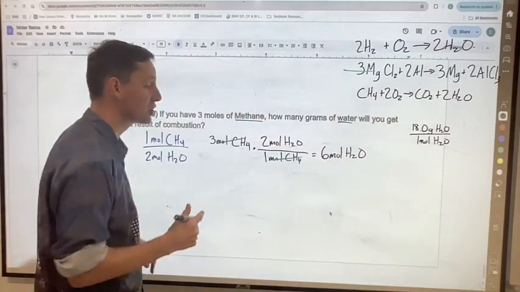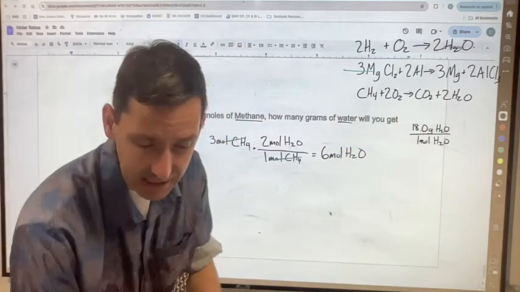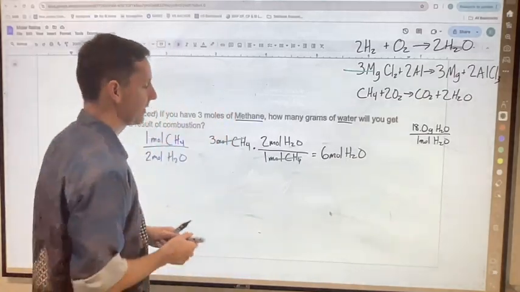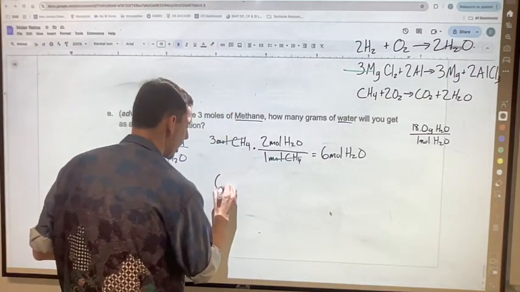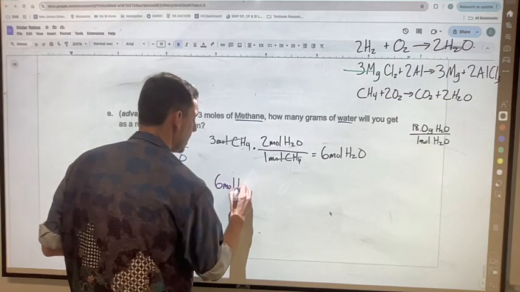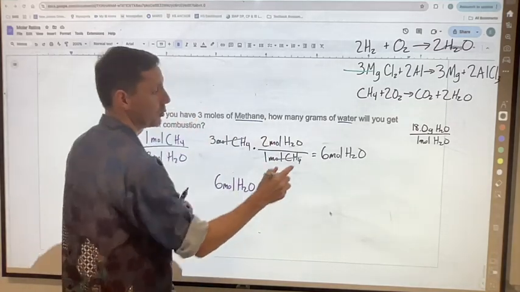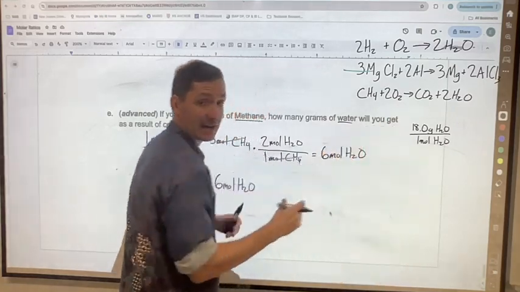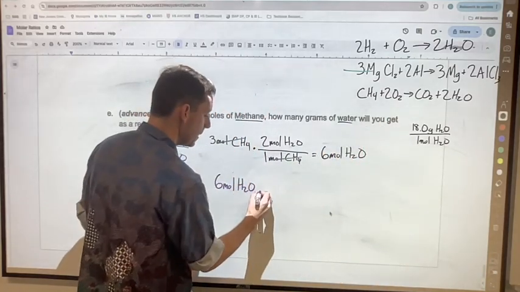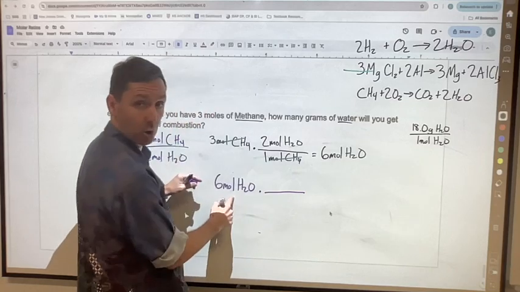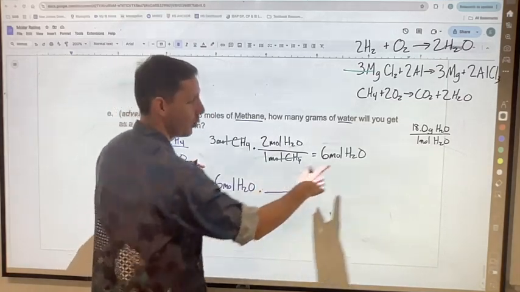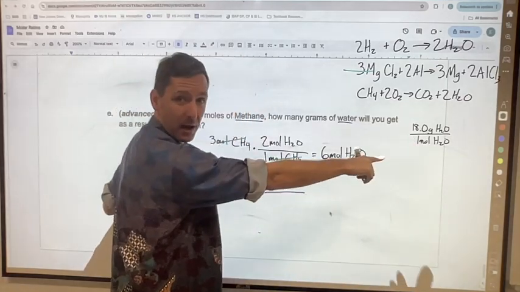So now I'm starting with, so this is kind of the next step here. Let me use a different color so it's clear. I'm starting with my 6 moles of H2O, and I want to turn that into grams, and I'm going to use the fraction that connects moles and grams, and I need the moles to cancel out. So I want the moles on the bottom. They're already on the bottom there.